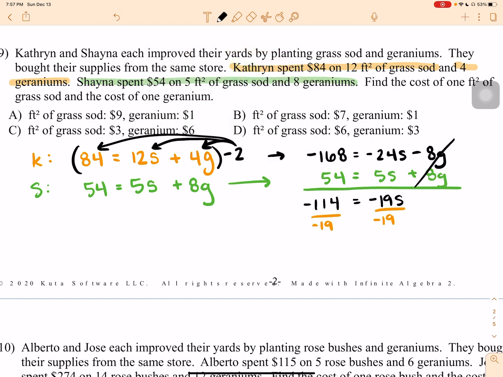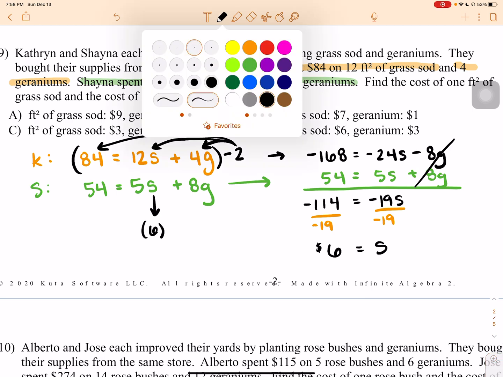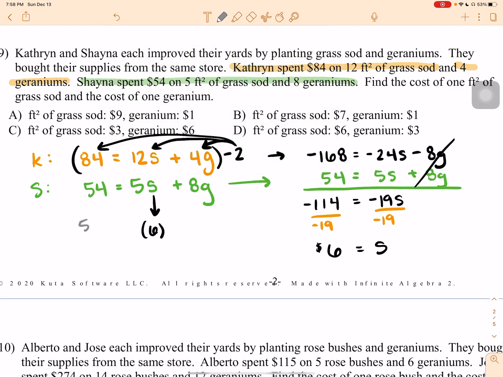Okay, so now we know that each square foot of sod costs $6. So if the sod costs $6, I can plug it into that equation there. So 54 equals 5 times 6 plus 8g. Just bringing that down. 54 equals 30 plus 8g. Subtract both sides by 30.